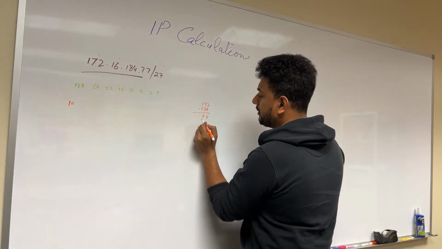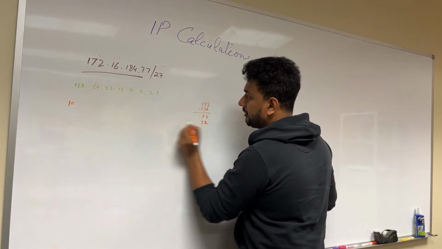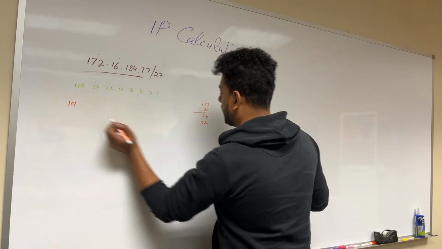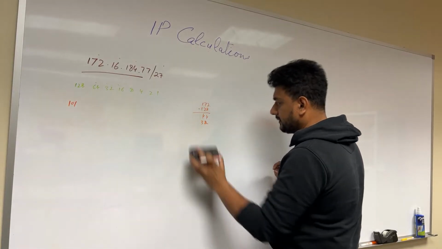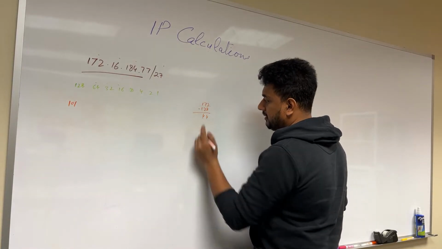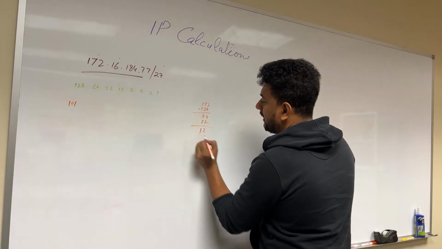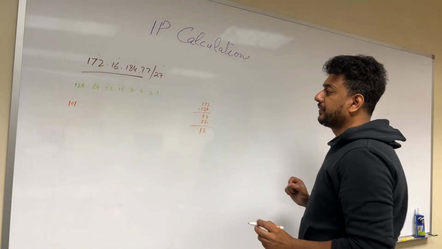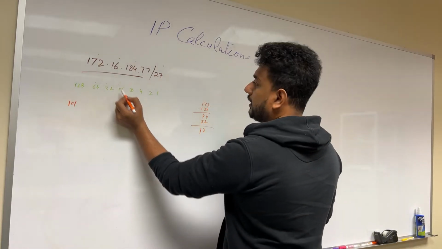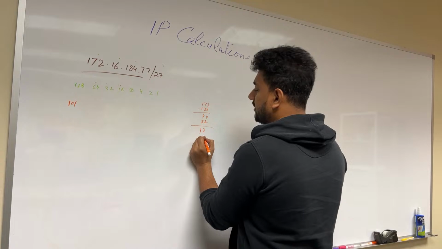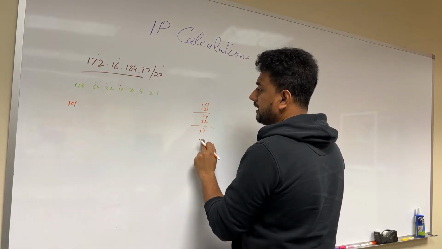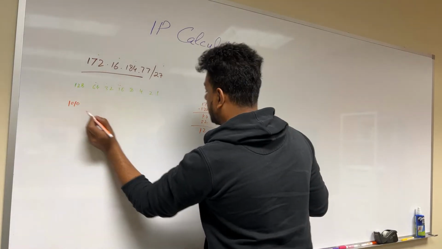We can do 32, yes. So the next bit is going to be 1, and the remainder will be 12. Can we do 16? No, because 16 is bigger than 12. So we type 0.